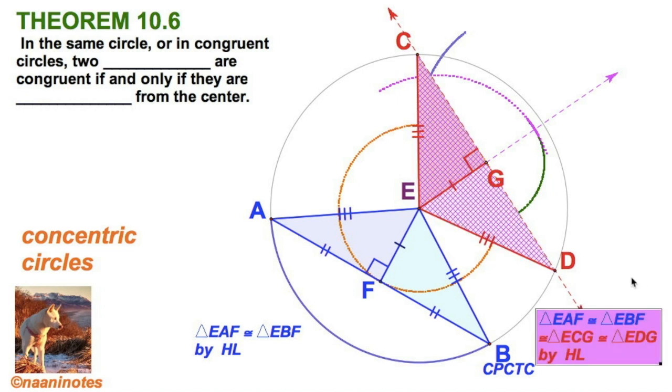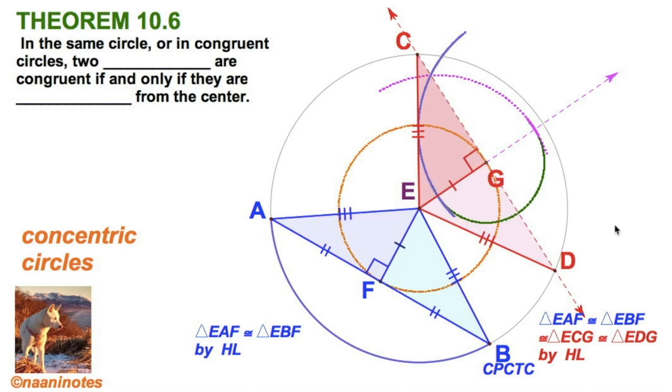And now I've got these 2 triangles congruent, but these 2 triangles are also congruent to these 2 triangles, all by HL. And therefore, by CPCTC again, I can say that CG is congruent to DG. By segment addition, that tells me that the 2 chords, AB and CD, are congruent.